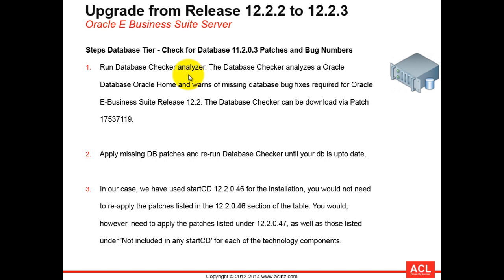So the first step is you must download the database checker analyzer from patch 175371119, and you should run it on your database to get all the missing database patches that you've got to apply. Once you have got all that information, then you apply those patches.